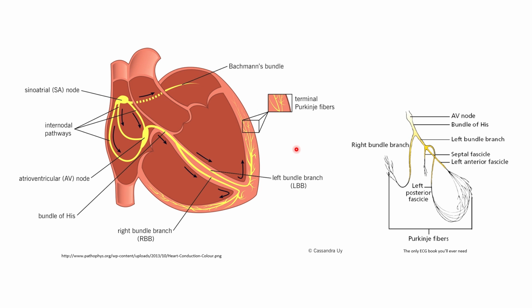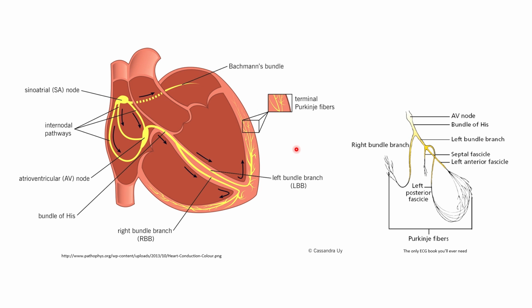Between the SA node to AV node, we have internodal pathways in the right atrium, because SA node is normally located on the right atrium. So how can electricity move from the right atrium to the left atrium? That happens through the Bachmann's bundle, and you can remember this name like Batman's bundle. They're close to each other.